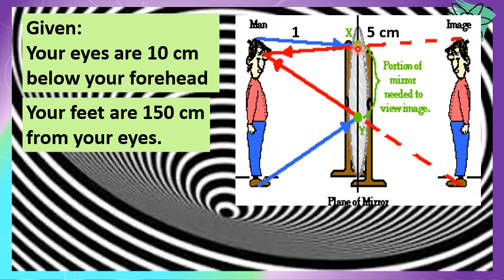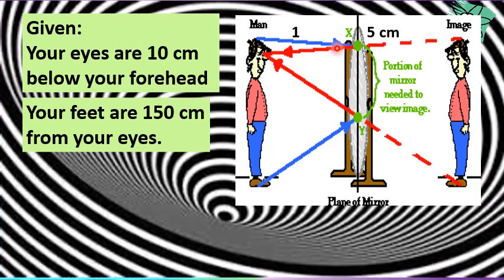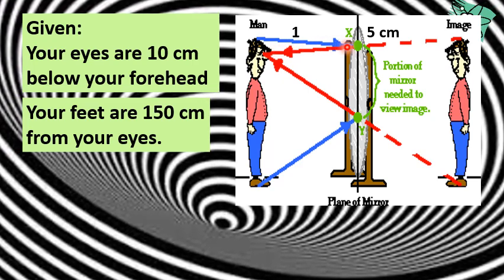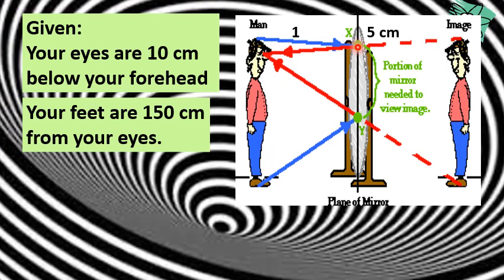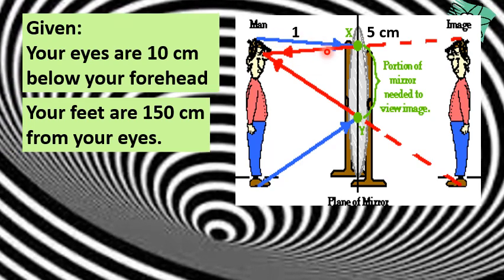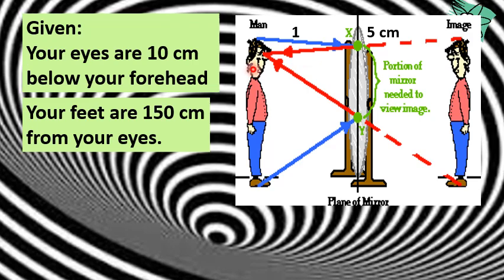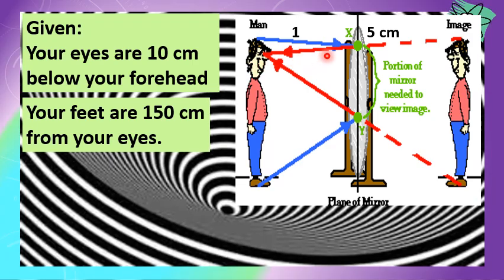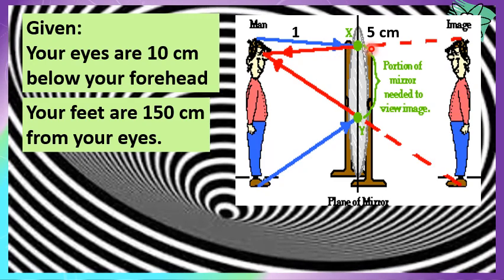When reflected, following the law of reflection, angle of incidence equals angle of reflection, the reflected ray for this incident ray number 1 is exactly towards your eyes. So that's the reason why you'll be able to see the image of your forehead.